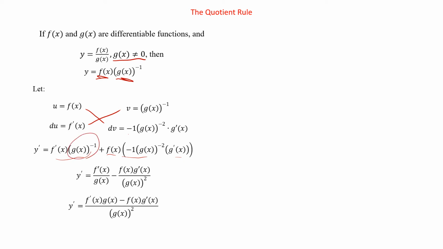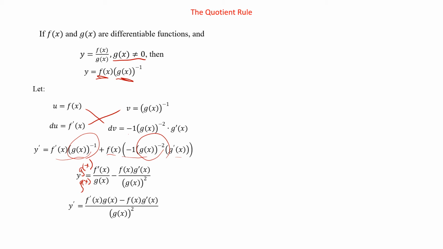So that one goes to the bottom, that one goes to the bottom. f prime of x over g of x minus f of x times g prime of x over g of x squared. Common denominator is just an extra g of x here on top and bottom. So we have f prime of x g of x minus f of x g prime of x all over g of x squared. That's going to be the derivative.